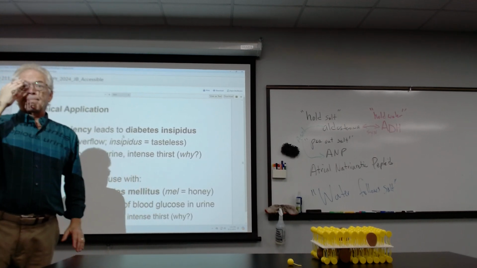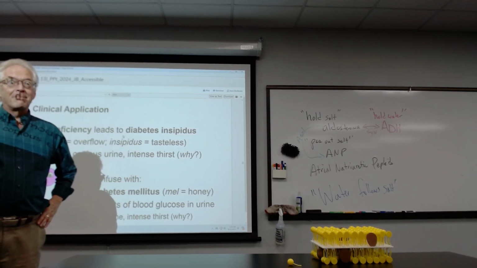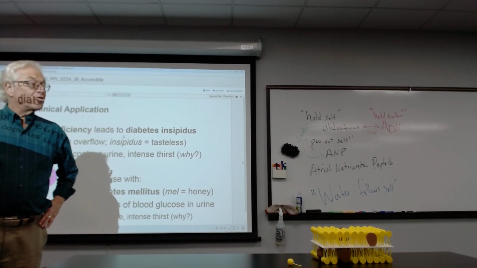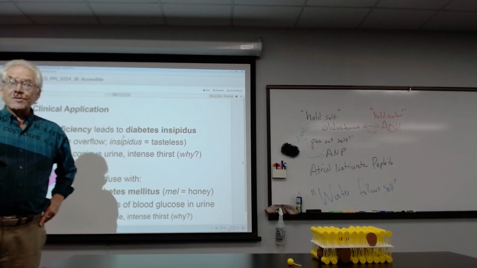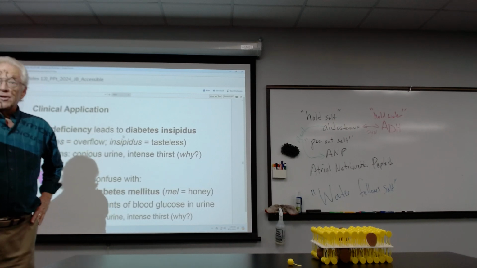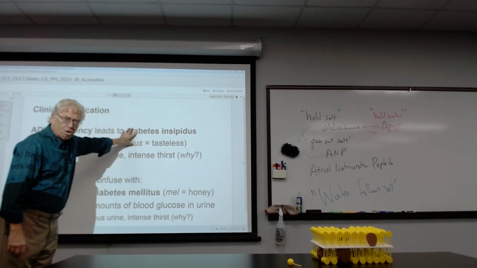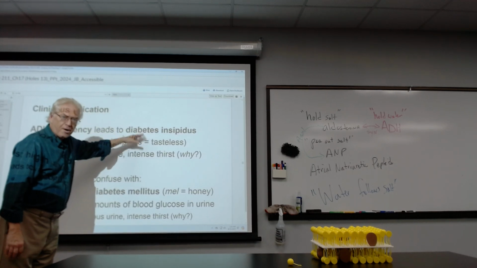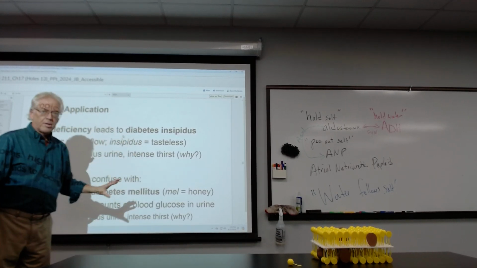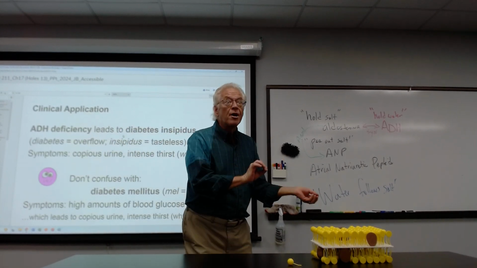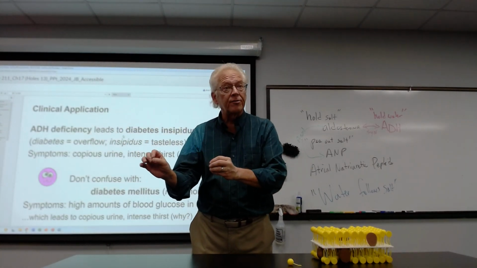Why? Because your body isn't getting the sugar from the blood, so it feels like it needs more. So your body cells are saying, hey, where's my sugar fix? That's for the mellitus. Ain't no sugar in the insipidus, no sugar at all. We have sugar in our blood, but none of it is making it into our cells.